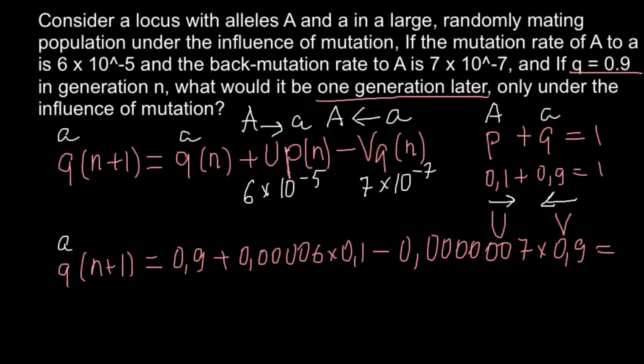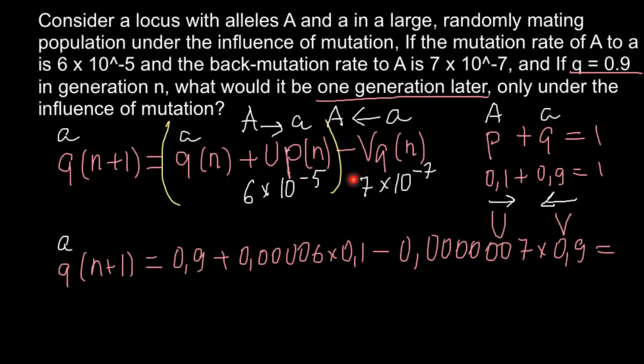So now we just have to do calculations. If it would be helpful for you, we can rearrange or organize our formula like this. So the frequency of the recessive allele A in the next generation would be the frequency in the current generation plus the number of mutations that would convert the dominant allele into the recessive allele, minus the number of mutations that convert the recessive allele into the dominant allele.